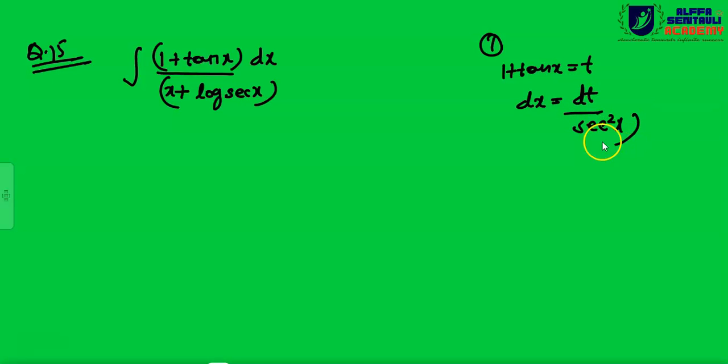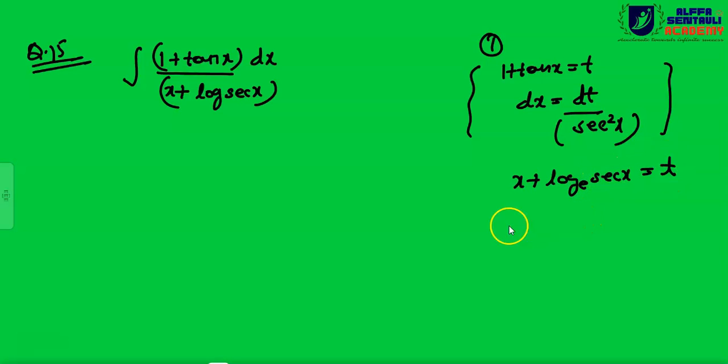So you see, when I replace dx by dt upon sec square x, nothing is going to cancel out. So this is a wrong substitution. So we cannot substitute 1 plus tan x, right? So what we can do now, the second method, is we can take this complete term as t, right? So after that, let us differentiate both sides.